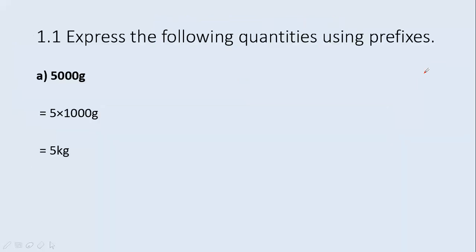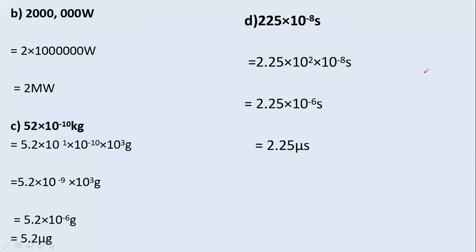Numerical problems. We express 500 gram as a prefix, 5000 gram as 5 kilogram. Then we write 2000 as a megawatt.